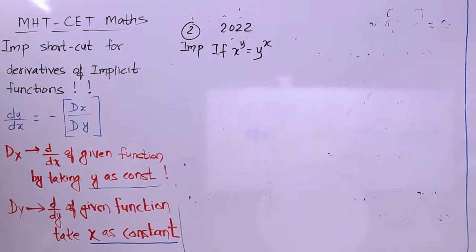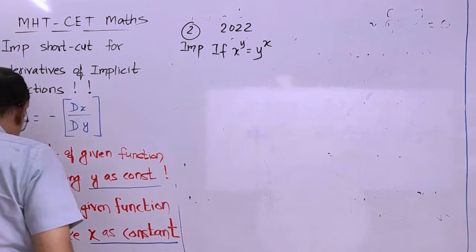If x raised to y is equal to y raised to x, find dy by dx.